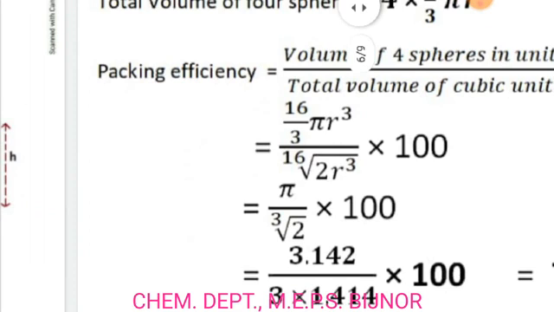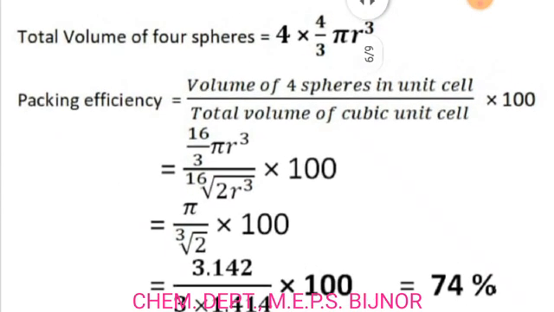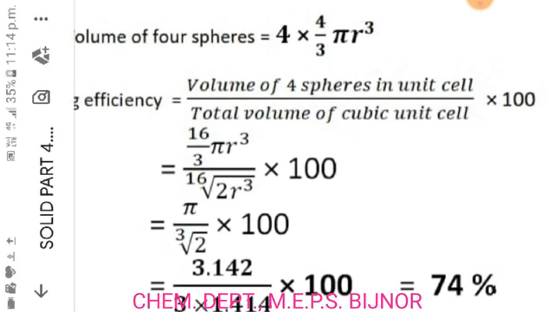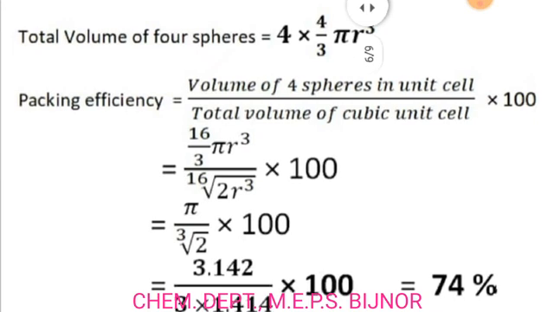So packing efficiency: total volume of 4 spheres is equal to 4 multiplied by 4 upon 3 pi r cube. Packing efficiency of an FCC unit cell is the volume of all 4 spheres in the unit cell, divided by the total volume of the cubic unit cell, and then multiplied by 100.